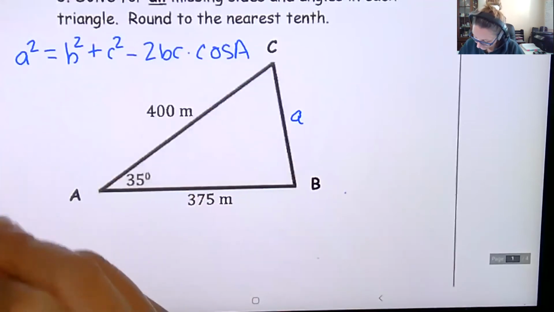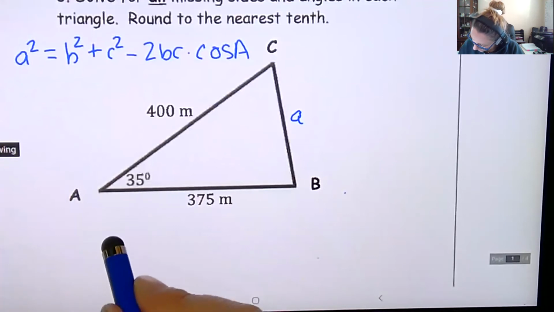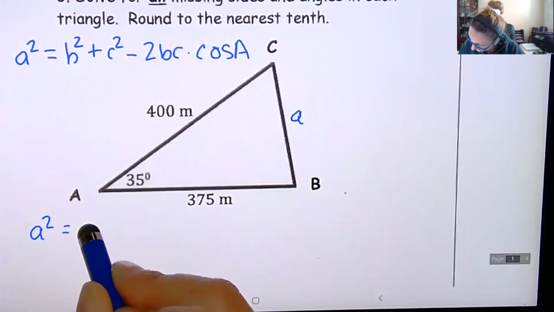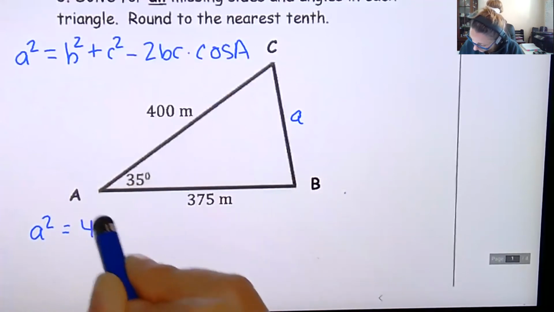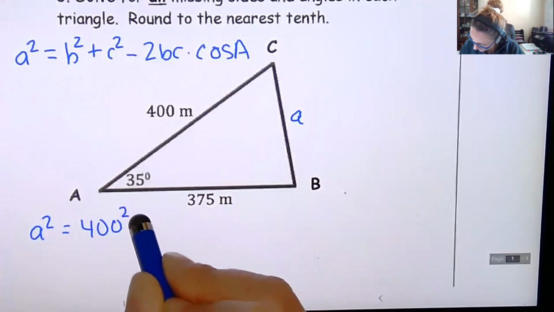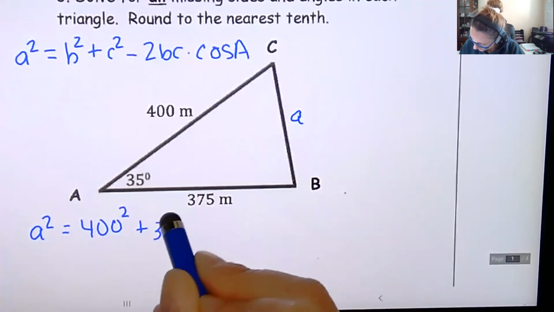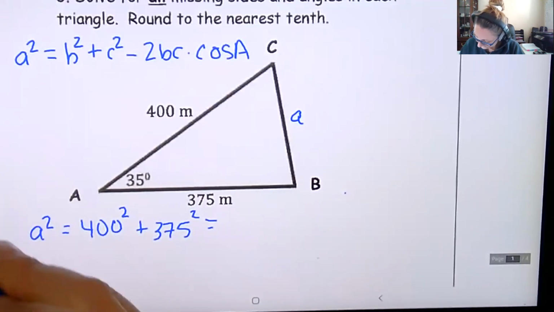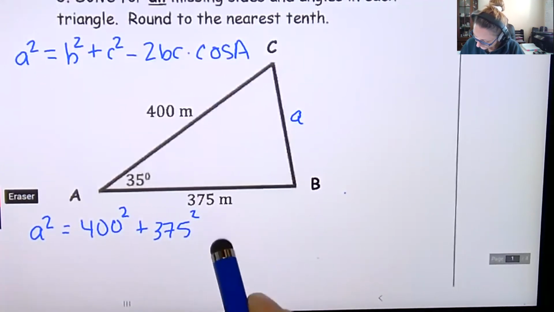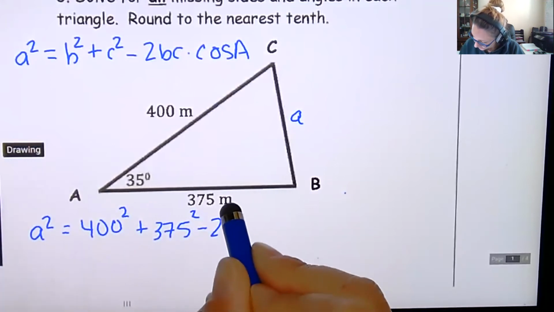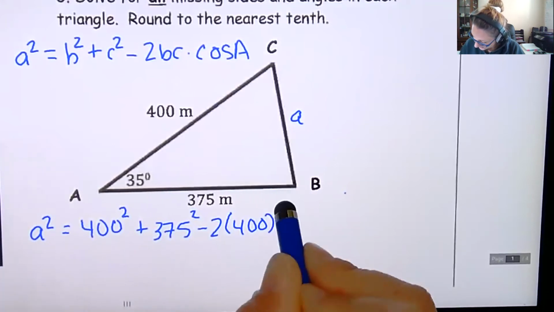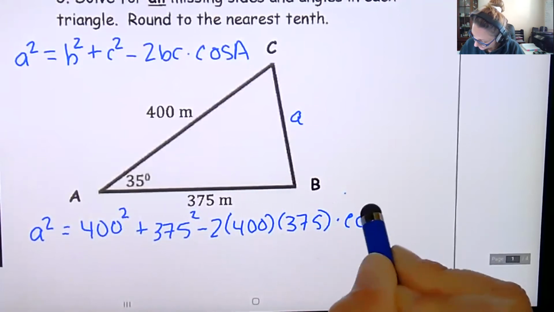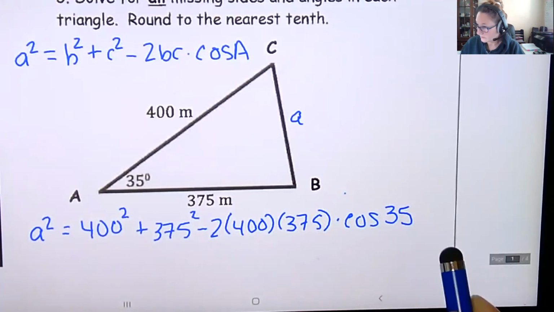So now let me put in my information. Okay, so I am going to do a squared is equal to, my b is 400, these are going to be big numbers, 400 squared plus my c is 375 squared, minus 2 times my b and my c times cosine of my a.